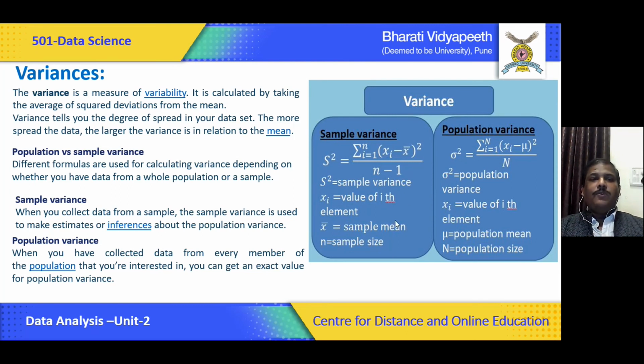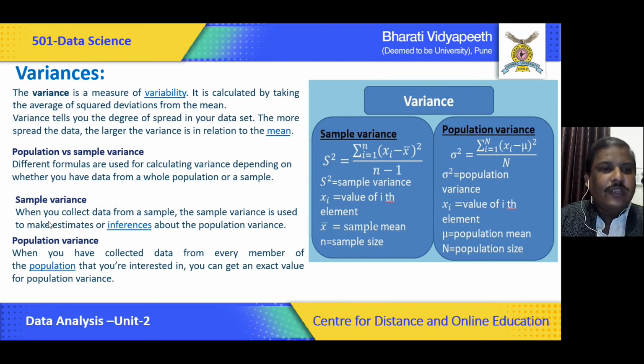But if out of that, country-wise, I am taking 1% of people, that will be a sample size. So when you are taking a sample variance, this would be the formula, and when we are going for population variance, this would be the formula, right?